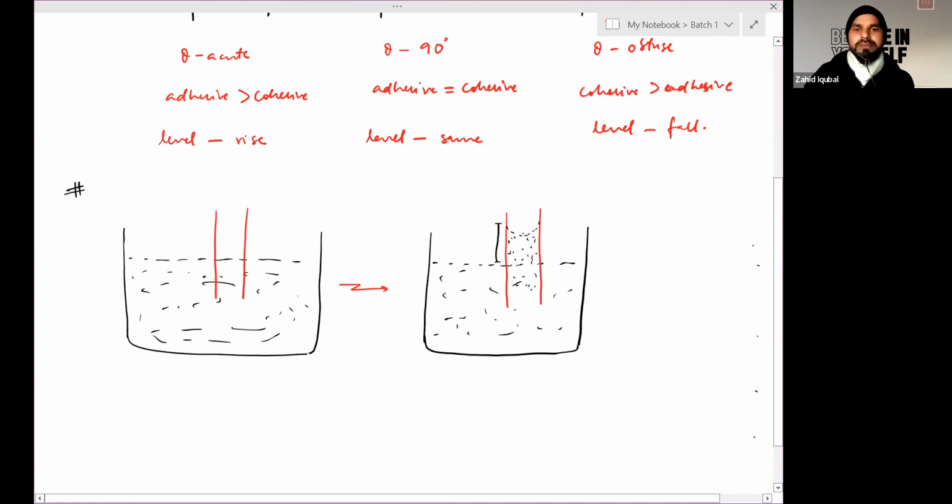So at equilibrium, there will be a force acting on this raised liquid in the downward direction due to gravity, which is balanced by its interaction on its boundary due to surface tension, or you say adhesive force. If you compare these two forces, you can find the height raised by the liquid in this tube, which is called the Ascent formula.